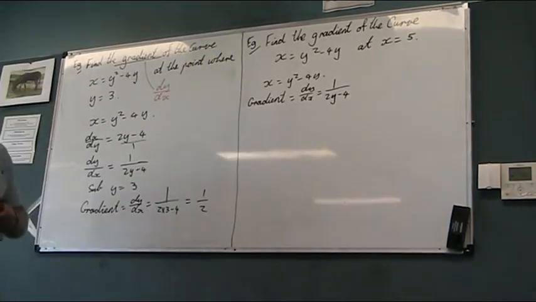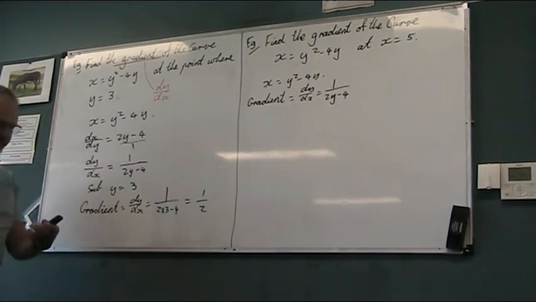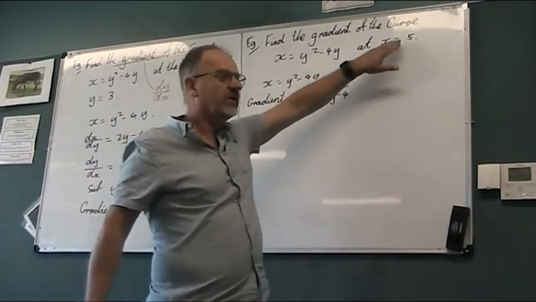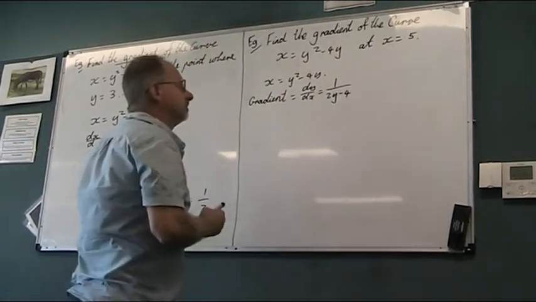Alright, so that's not different, that's the same as it was before. However, this time we've been given an x value, haven't been given a y value, so we need to then find the corresponding y values.